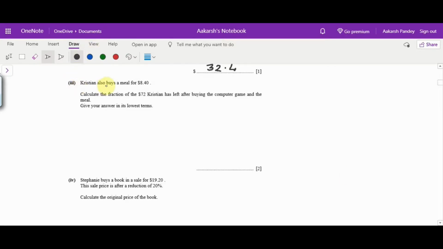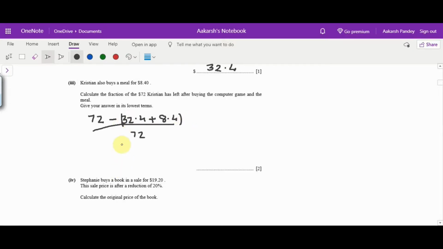Moving on to the next question, Kristen also buys a meal for $8.4. Calculate the fraction of the $72 Kristen has left after buying the computer game and the meal. So, how much money does he have left? It is 72 minus 32.4 plus 8.4. Now, this is the money left divided by 72.